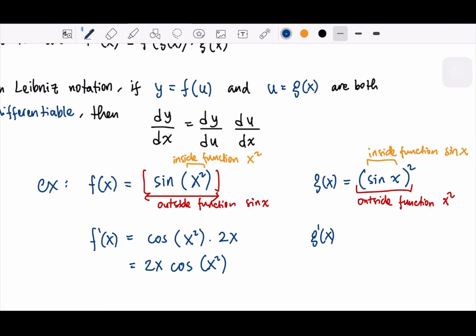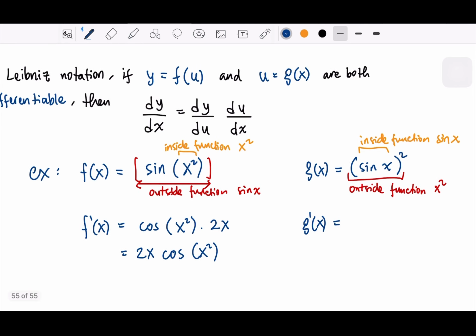If you don't feel comfortable doing this derivative the first time, my suggestion is we can start with just x squared. Imagine this is x squared. We derive and it becomes 2x, and then sine x derived becomes cosine x. So in the 2x we change x to the original function. So 2 sine x and then multiply with cos x.